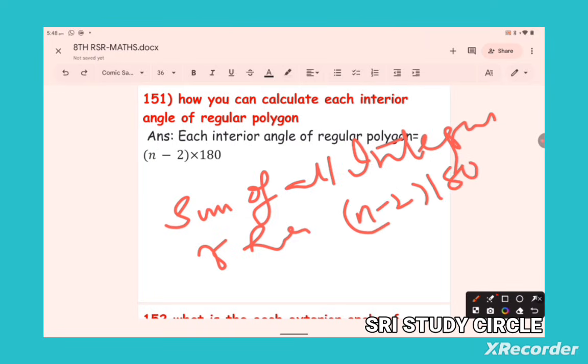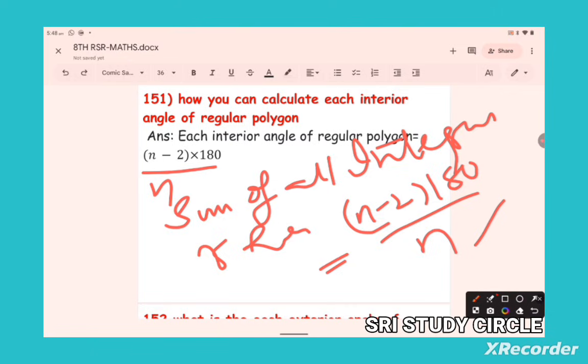Already we discussed here. So each angle means divided by n. Each interior angle of a regular polygon is equal to n minus 2 into 180 by n. That is the right answer.